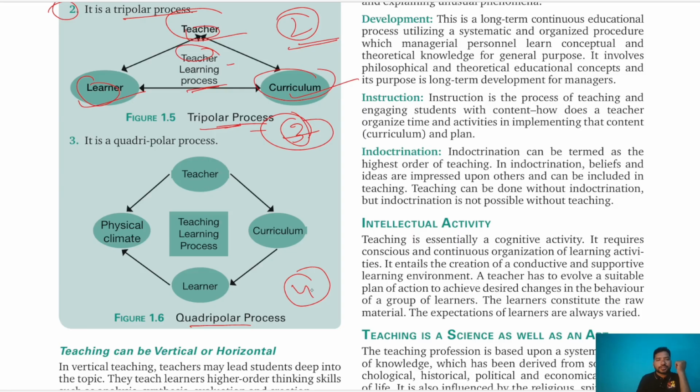And where the teacher, curriculum, learner, and physical climate will be there, this is known as the quadripolar process. Right? I hope you have understood very clearly about the polarity of the teaching learning process: bipolar, tripolar, and quadripolar.